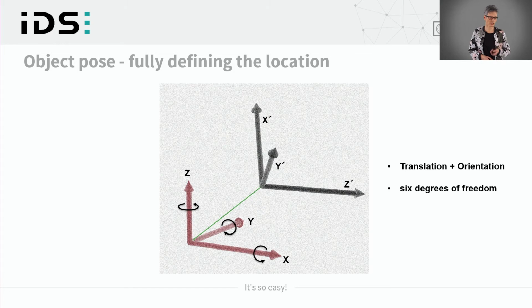There are lots of descriptions to formulate how the new coordinate system is rotated with respect to the reference system, and you can find lots of information on how to convert these to each other. But normally you have 3 angles for the 3 axes that describe the rotation, and you have 3 components for a vector that describes the position of the origin of the new coordinate system.